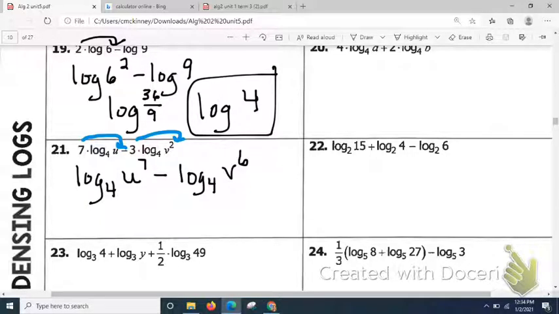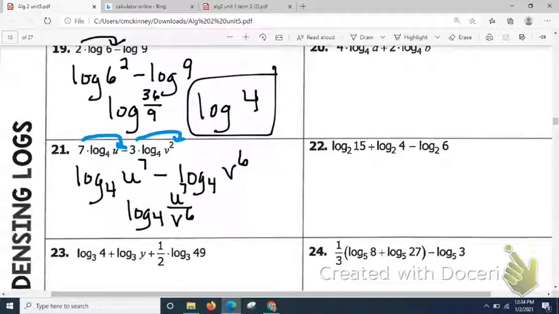And then I need to condense that. And you may feel comfortable doing both those steps at once. That's perfectly fine. U to the 7th over V to the 6th. So you may get comfortable doing both those things at the same time, but they do both need to happen.